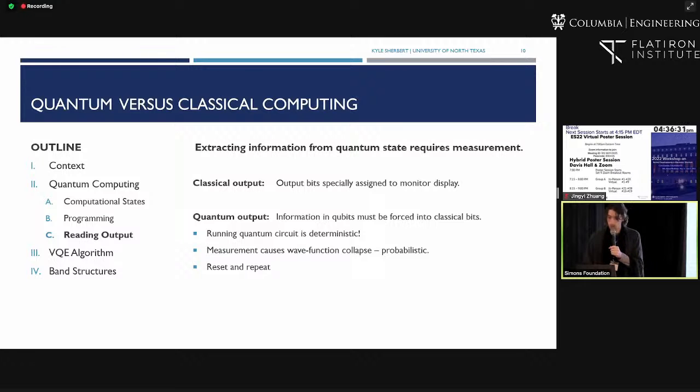And the biggest significance of this is that in almost every quantum algorithm that you'll find, there is some part where you have to reset the quantum computer and then repeat the same quantum circuit execution and redo your measurement. The idea is that you're collecting statistics on the quantum states that you are preparing.